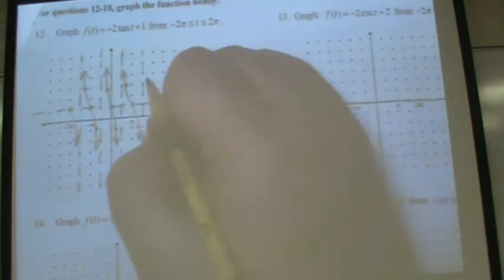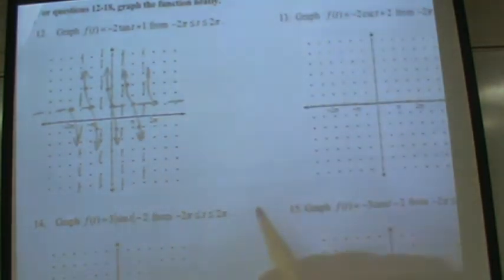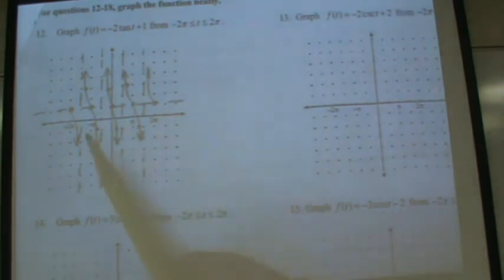On the right-hand side, you're going to have the part that comes up and follows the asymptote. So that is technically the graph from negative 2 pi to 2 pi. Again, if you drew more, I didn't mark you down, but if you didn't draw at least that, you got points taken off.